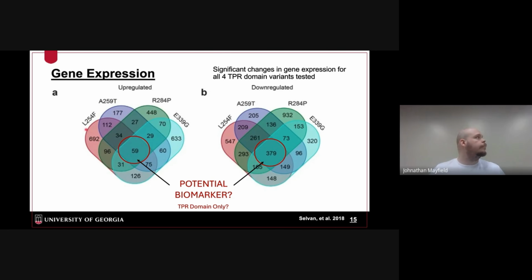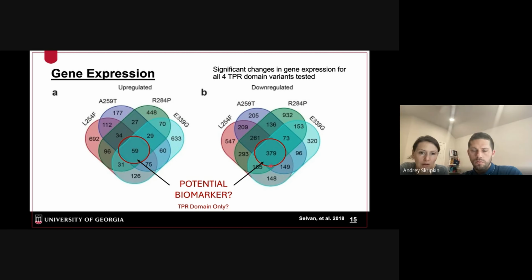The genes that are in the red circles are genes that are altered, either upregulated, the 59, or downregulated, the 379, in all 4 of those variants. So it's basically a giant Venn diagram that is looking for commonalities between the genes that are altered in their expression levels between all of the 4 variants that we have here.